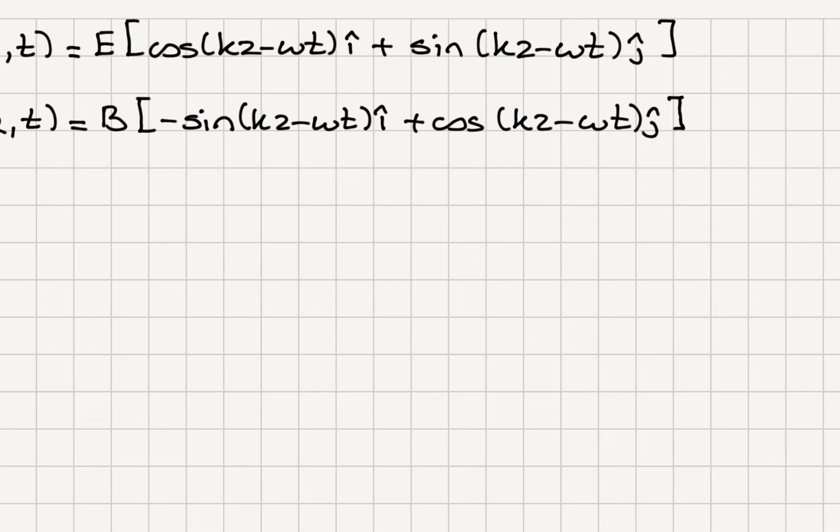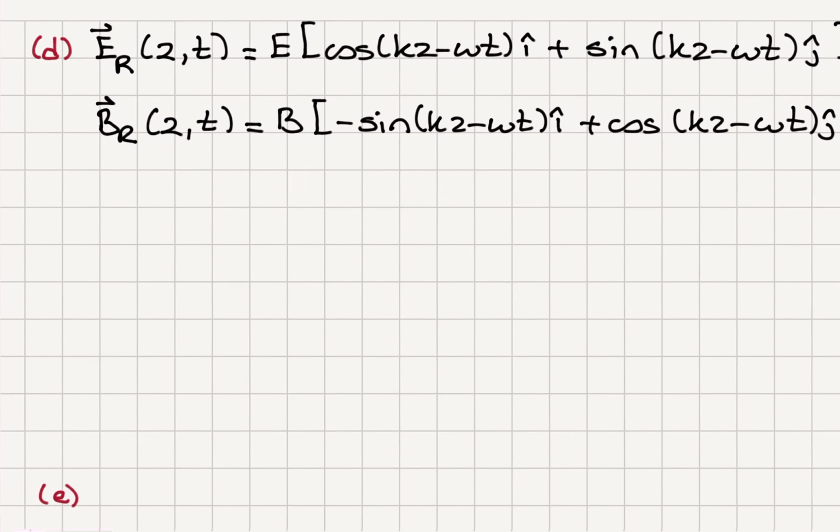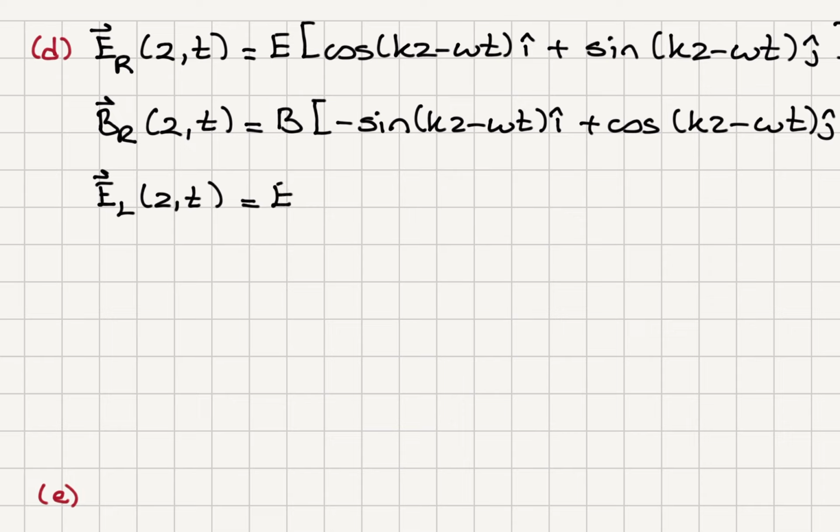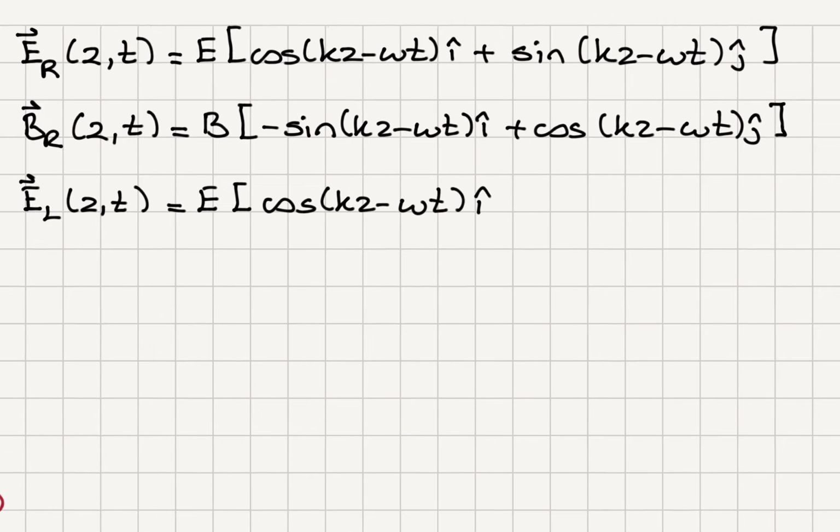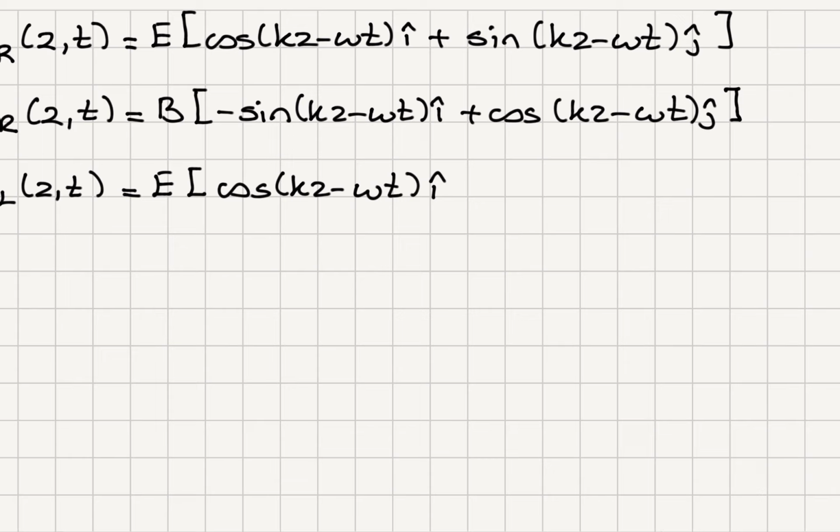Now the problem statement says switch the signs of the sine function. For the left circularly polarized wave, the electric field then will become E cosine kz minus omega t i hat. Now instead of the plus sign here, I'm going to have a minus sign, minus sine kz minus omega t j hat.